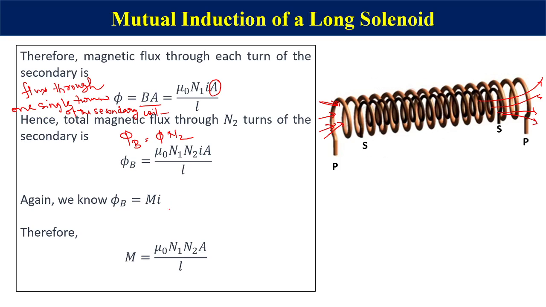Again, we know that the total flux through any coil in the case of mutual induction is given by phi B equal to M into I. So if you compare these two relations, you get the value of M to be mu naught N1 N2 A upon L. So this is the value of the coefficient of mutual induction for the solenoid. Or rather, we would like to say for two solenoids, one wrapped inside the other.